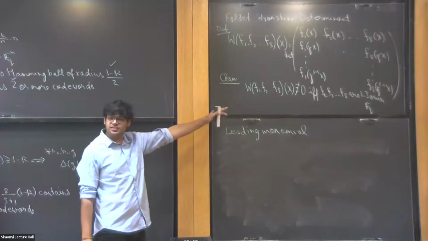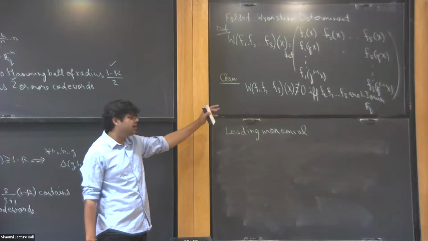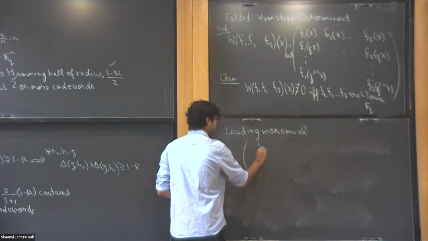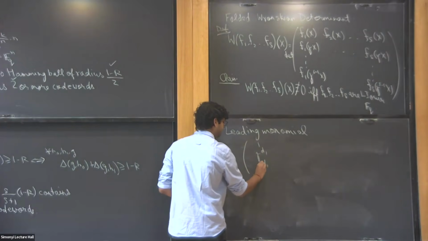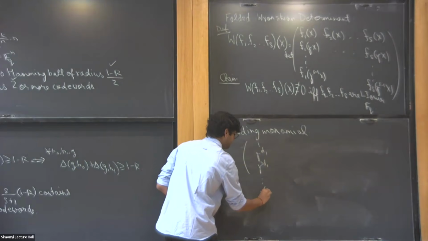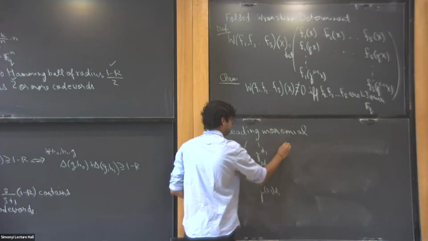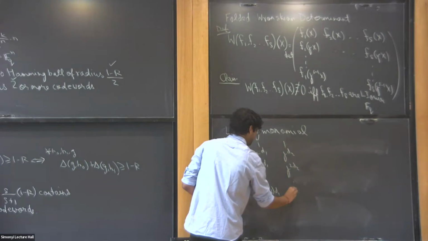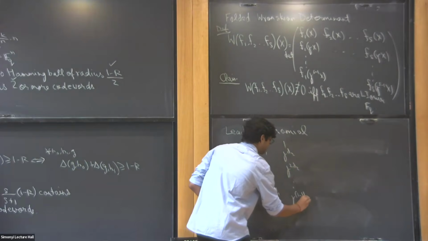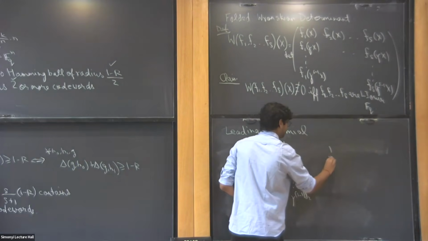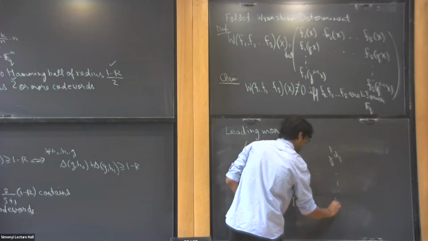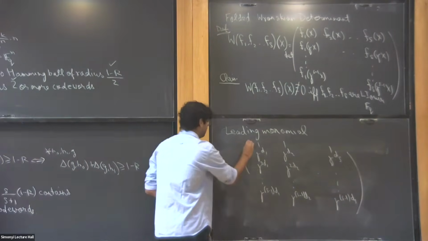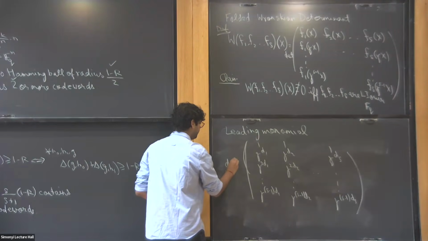Once we assume that these are distinct degrees, which you can always do, let's look at the leading monomial. Its coefficient will look like this determinant here.